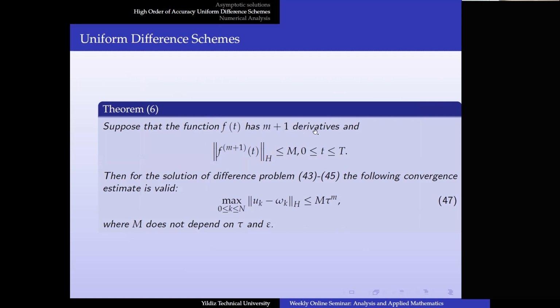Suppose this f of t has m plus first order derivatives satisfying the inequality. Then for the solution of difference problem 43, 45, the following convergence estimate is valid. It is 47, where m does not depend on tau and epsilon. So by this theorem, we prove that the convergence of this uniform difference scheme with small parameter is obtained.